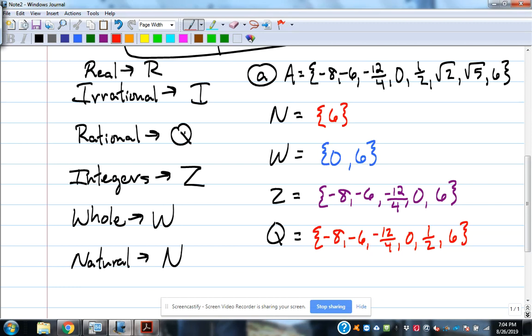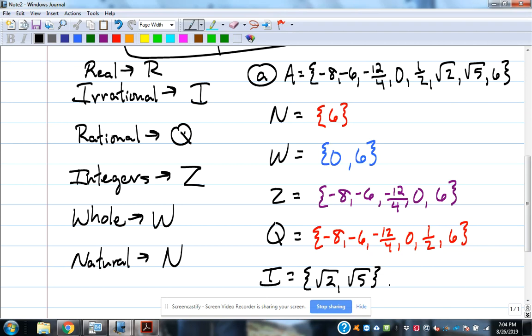Okay. And then irrational numbers. Let's get that set. Which numbers are irrational? Square root of 2 and the square root of 5. If you try to calculate those, the decimal never repeats and it never ends. It keeps going.